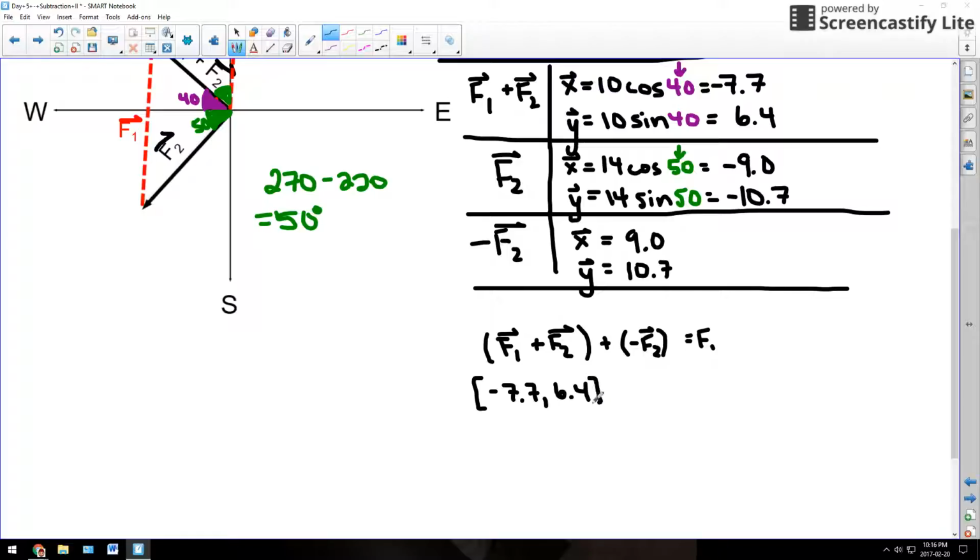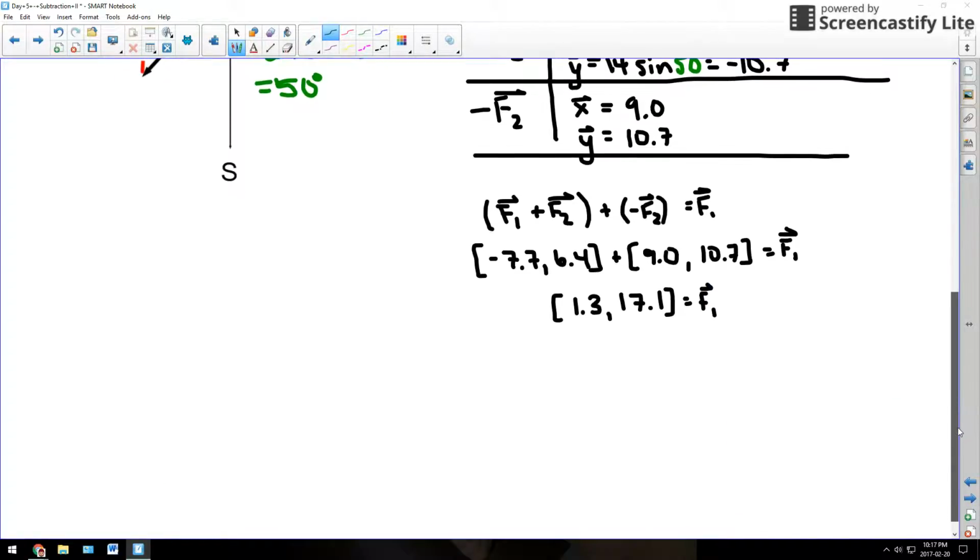So these are the components for f1 plus f2. And we're adding to it components here, 9.0 and 10.7. And this is equal to f1 bar. So we should have 1.3 for x and 17.1 for y. This is f1.